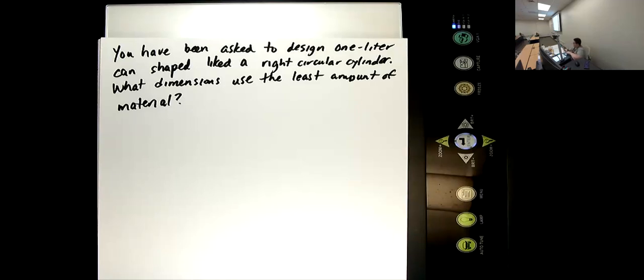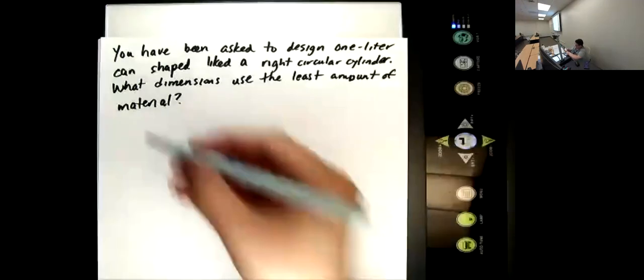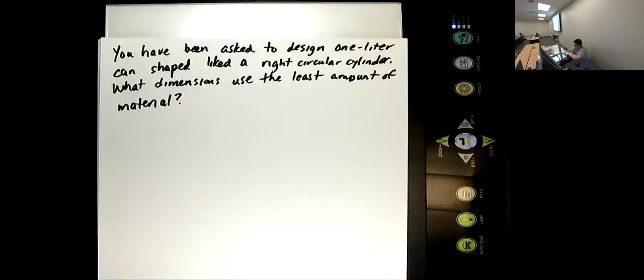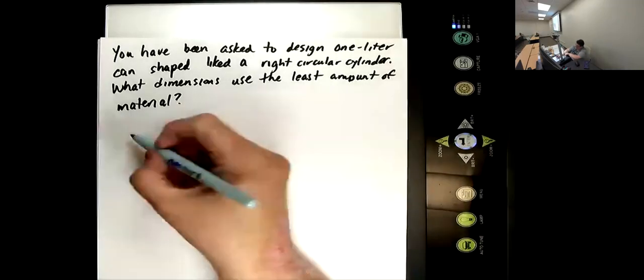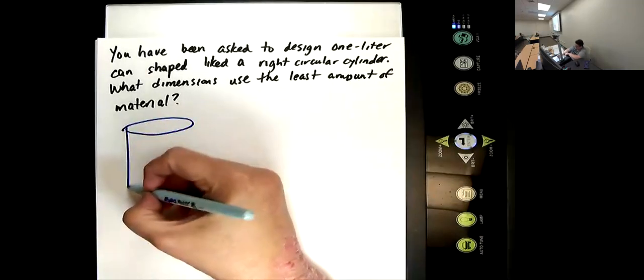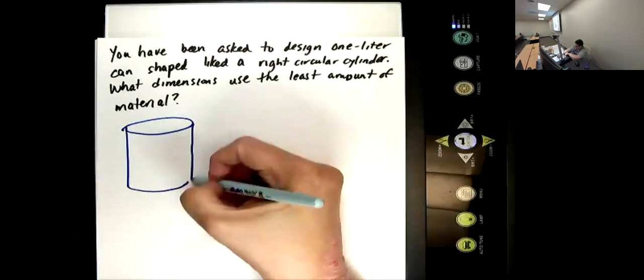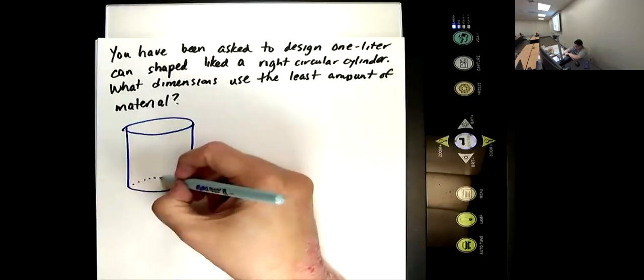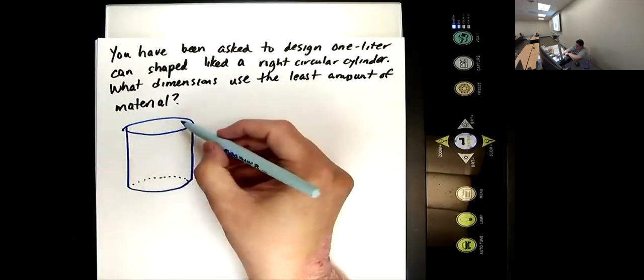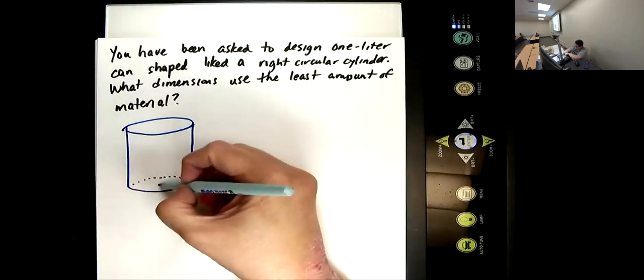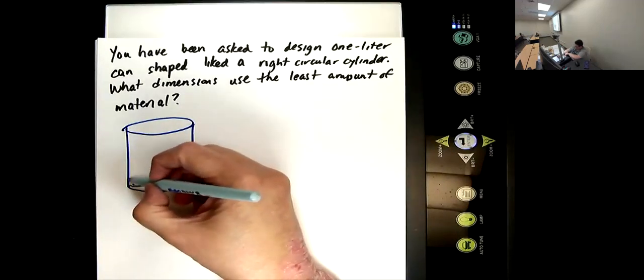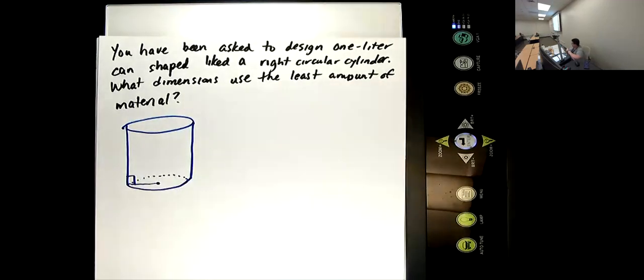A right circular cylinder is the fancy way of saying that. There's the center. The sides make a right angle with the base and the top.